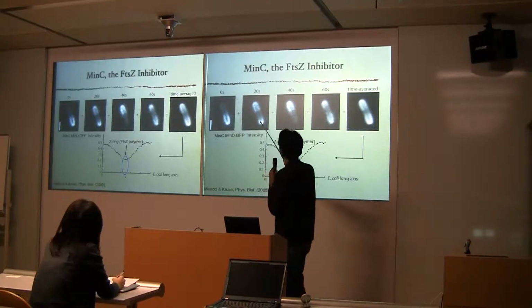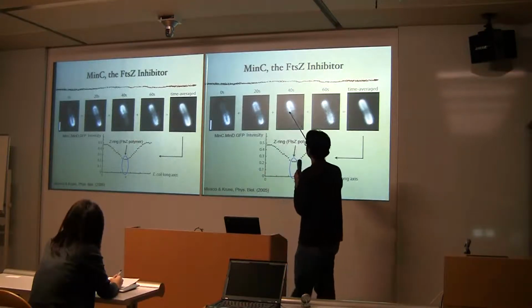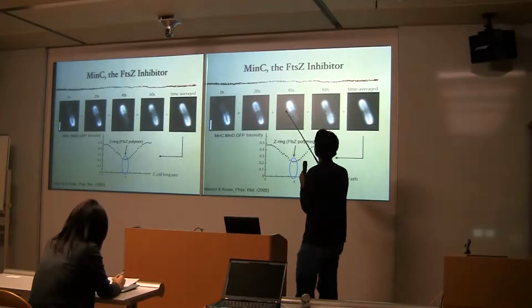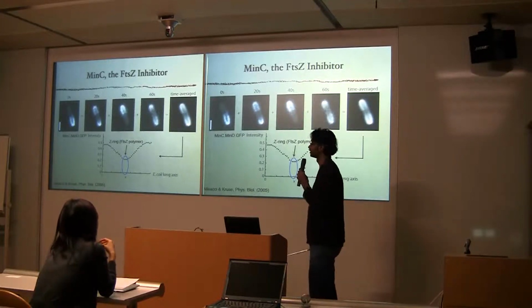Then after about 20 seconds, you can see that they are localizing at the other end of the pole. And then at about 40 seconds, most of the localization takes place at the opposite pole. This oscillation takes place about every 60 seconds.